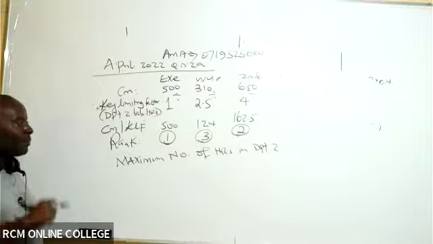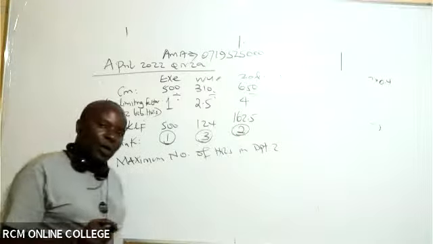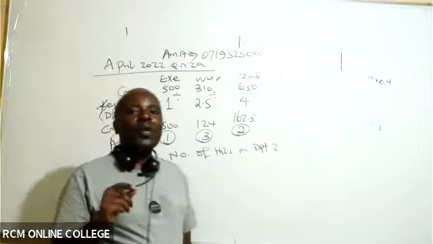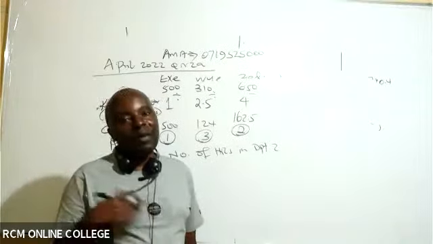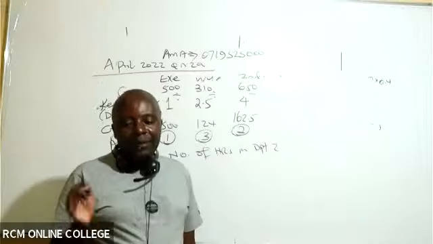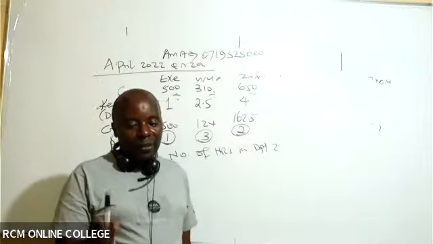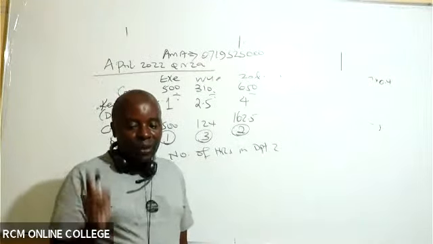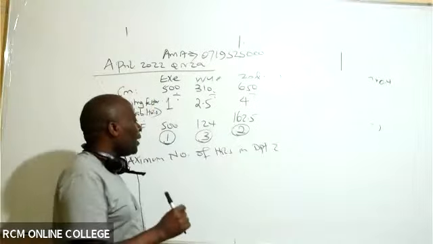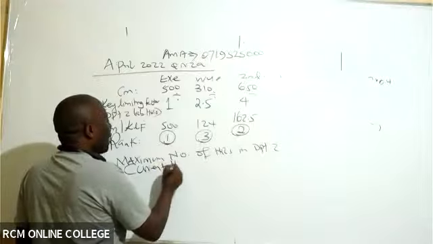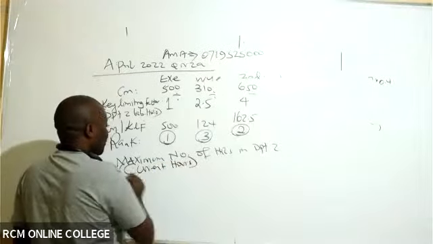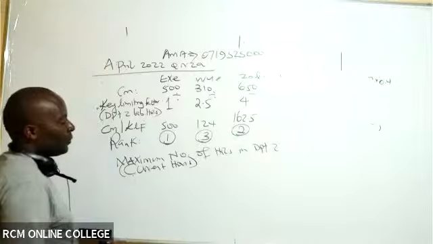So we need to know the maximum number of hours in department 2. In some cases you will be given, like, 50,000 hours available in this department. In most cases, they would want you to calculate the current hours.